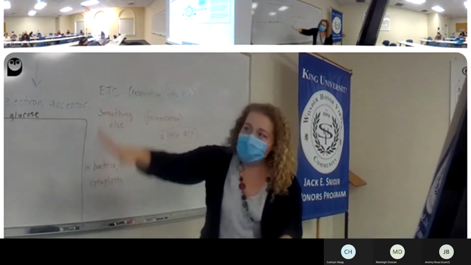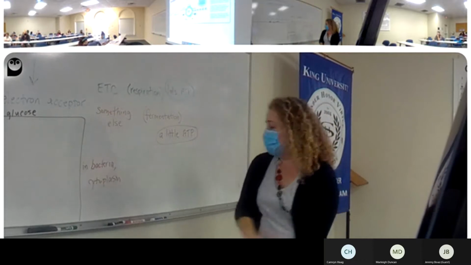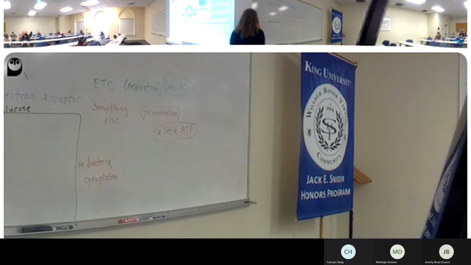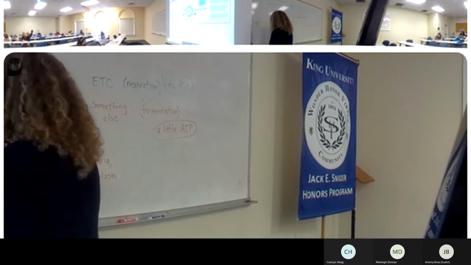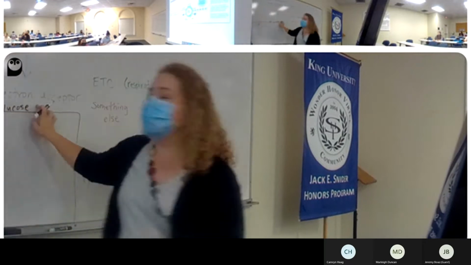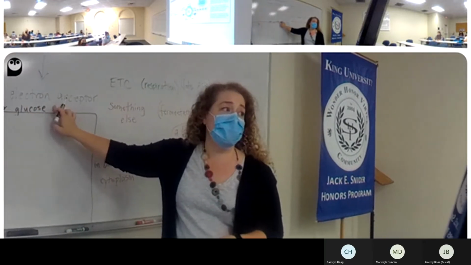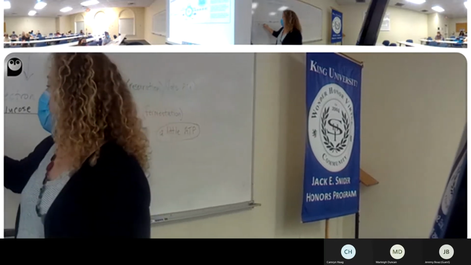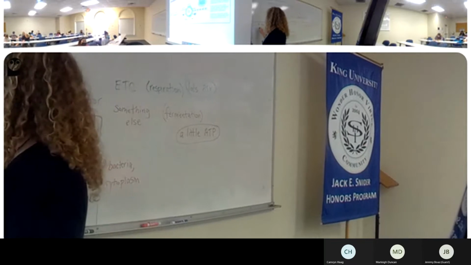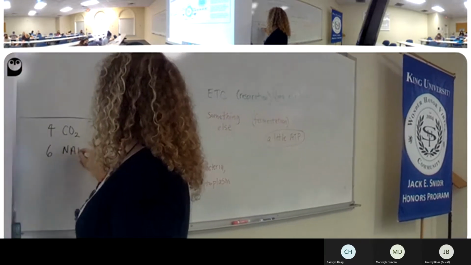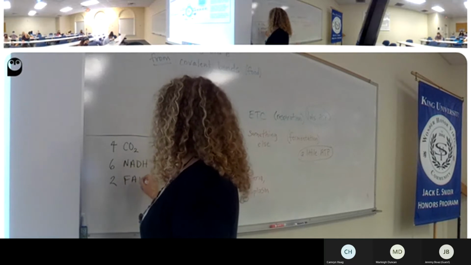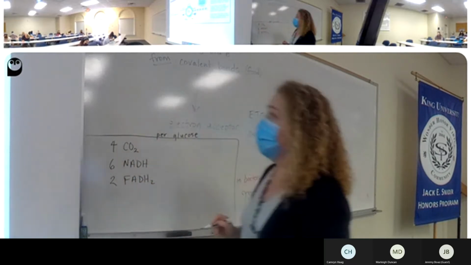So at the end of the citric acid cycle, there are some big important products. There is CO2, and I'm writing the numbers that are per glucose, okay? Per glucose, there are going to be 4 carbon dioxides. There are going to be 6 NADH. There are going to be 2 FADH2s.